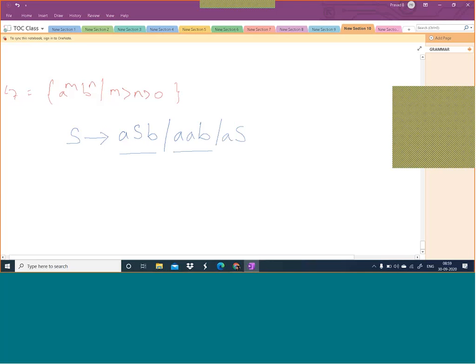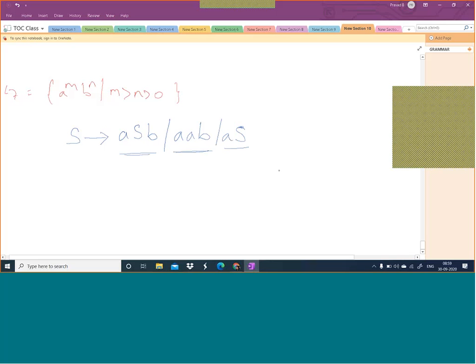S derives ASB. I will start with this one. Now in S place, if I substitute AS, as many times you substitute AS, that many more A's you will get than the B's. Now in S place, I substitute ASB. Again in S place, I will substitute ASB.